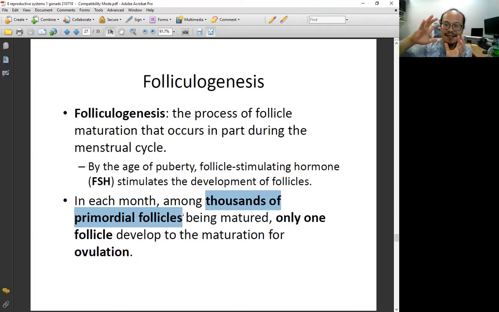It would wake up about 1,000 of them, or thousands of them. And then these thousands of follicles will develop. However, a lot of these won't survive until the end. Usually only one will survive to the end, and that one will be ovulated. So we will talk more about that detail in the next part.